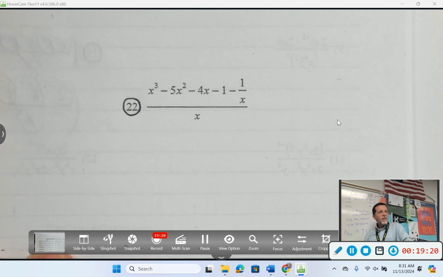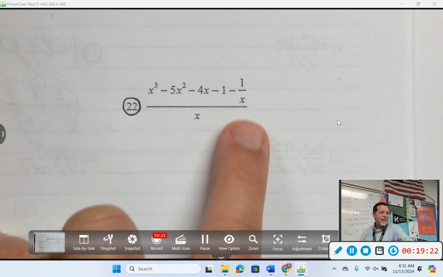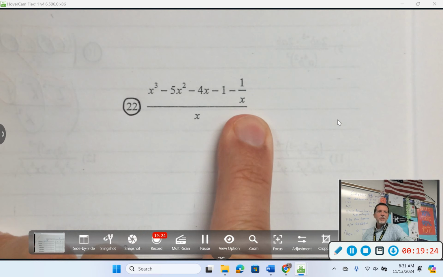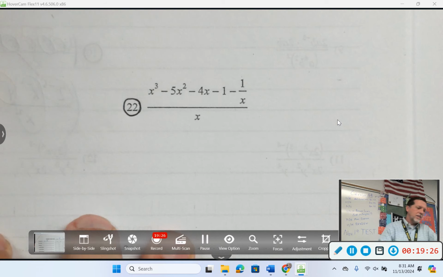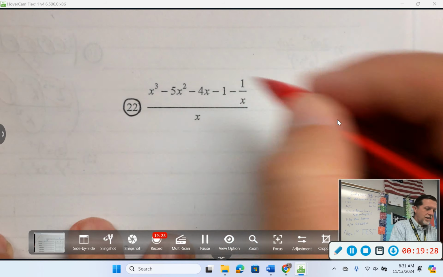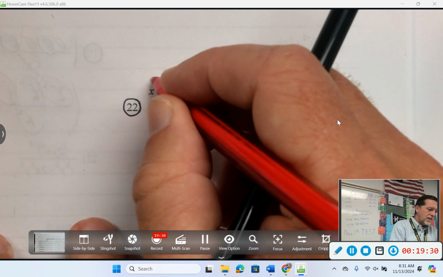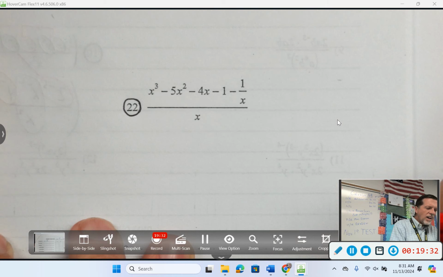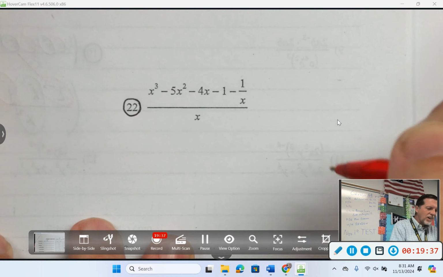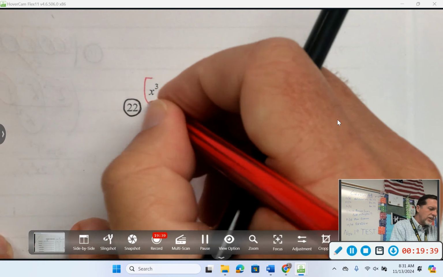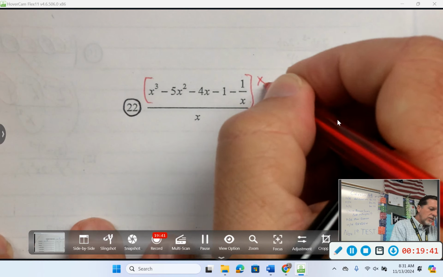Look at number 22. Any thoughts? I don't like that x in the bottom. So how can I fix it? Multiply everything by x. So let's multiply everybody by x.